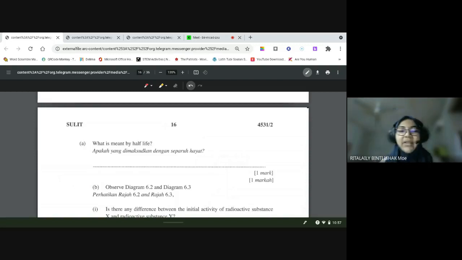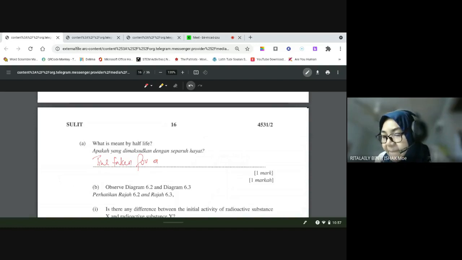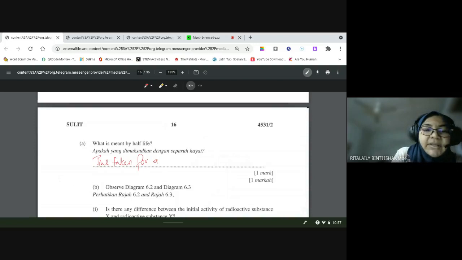Okay, so mesti ada perkataan time taken. Time taken for the number of atom to decay to half of its initial value.